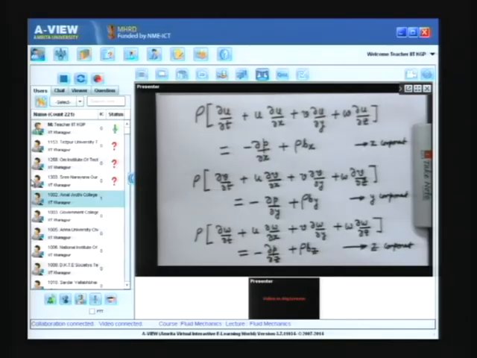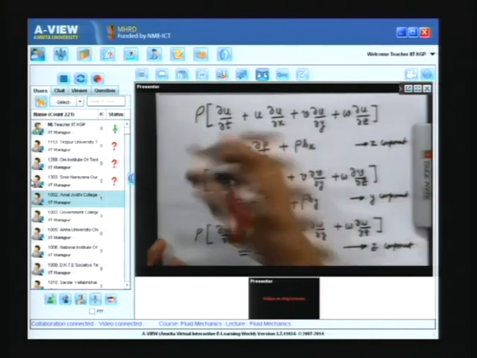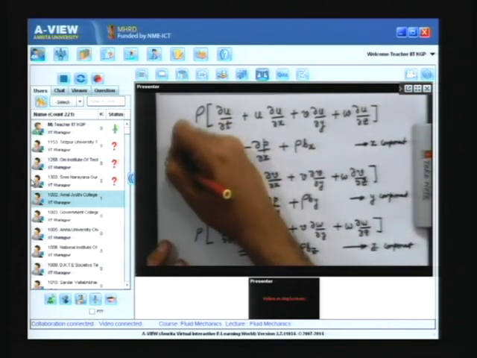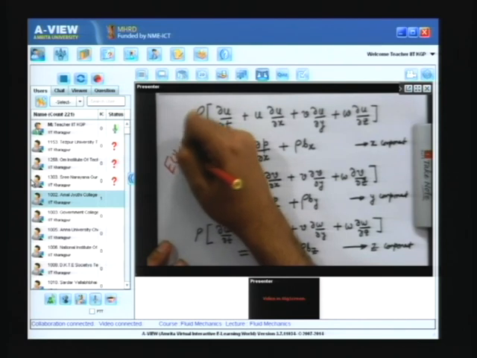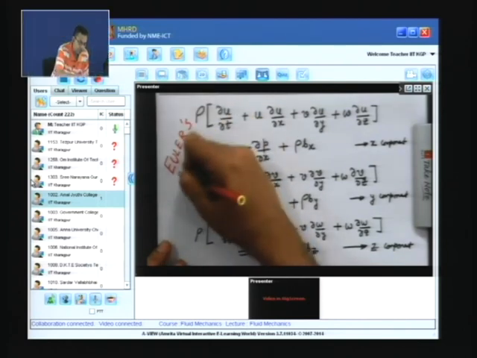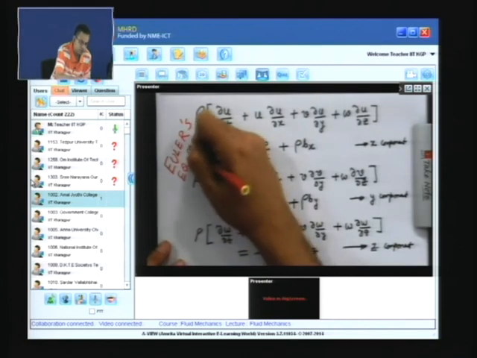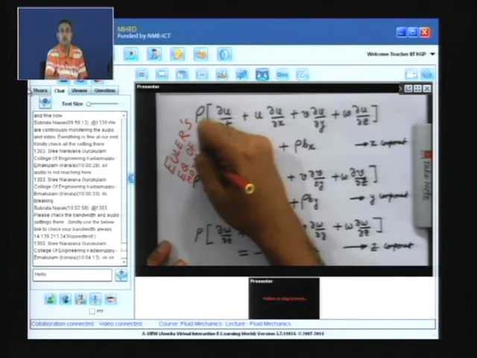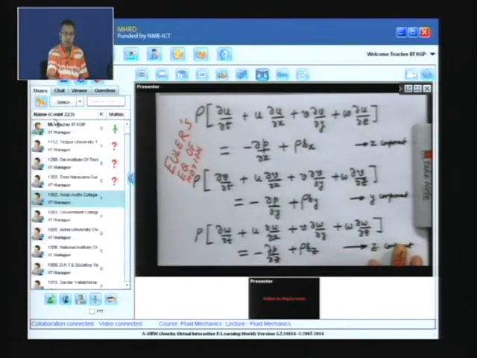Now, these equations of motion are known as Euler's equation of motion.